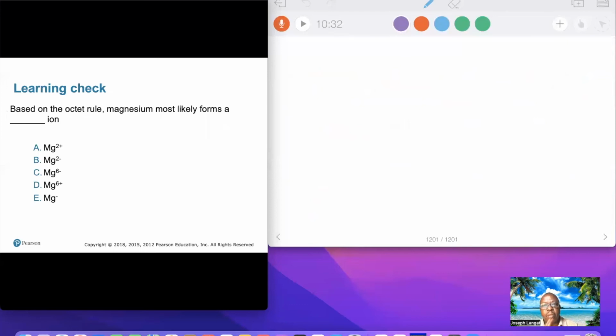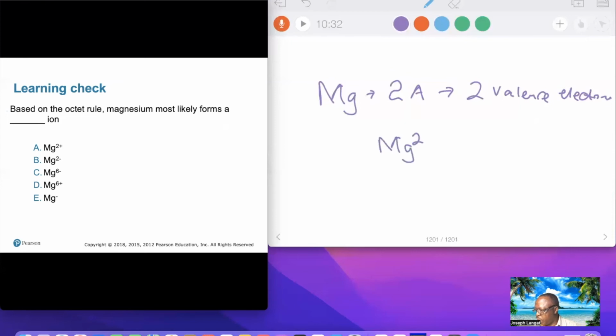But remember, metals tend to lose their valence electrons, and the correct answer there is A, Mg2+. Mg2+ is the correct answer, because magnesium is group 2A, 2 valence electrons, and this will be Mg2+. It will lose 2 electrons. It cannot gain 2.